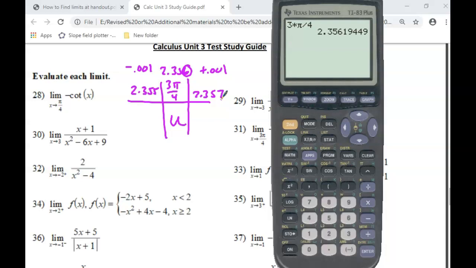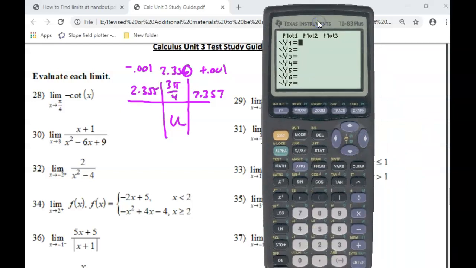So we're going to go ahead and plug those into our calculator, figure out what's happening on the left hand and right hand of this particular function. What was the function? It was -2 tangent of 2x. We're going to bring up the y variable again.